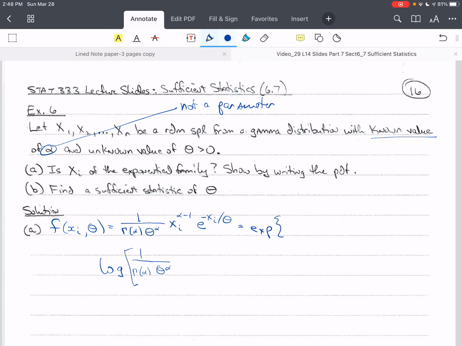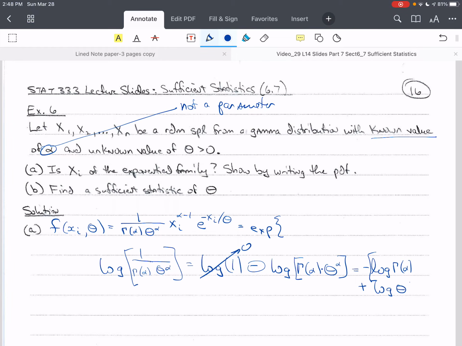This is log 1, which is 0, minus log of gamma of alpha times theta to the alpha. That's negative log of gamma of alpha minus log of theta to the alpha, and I can pull the exponent down in front.